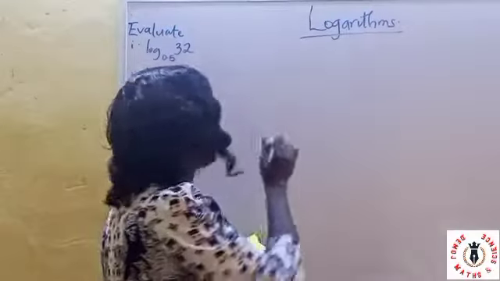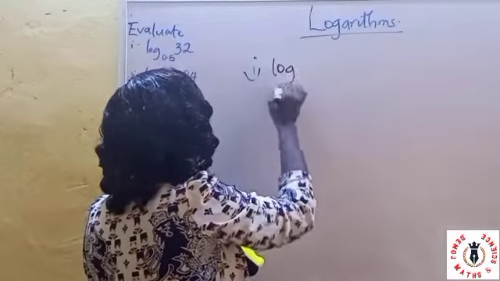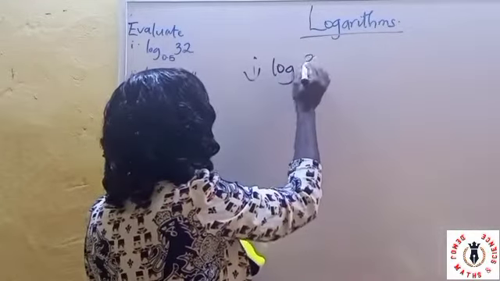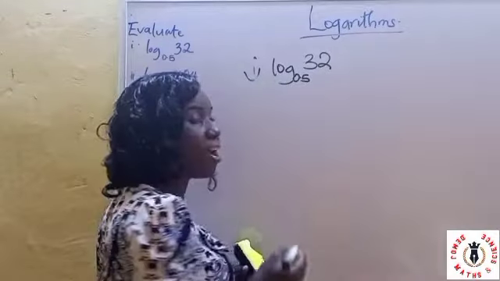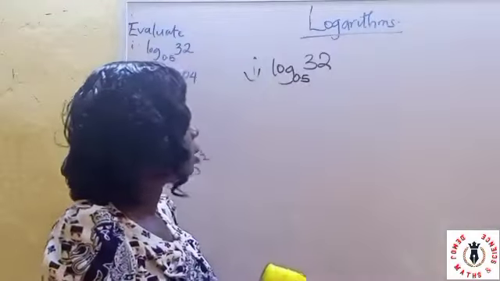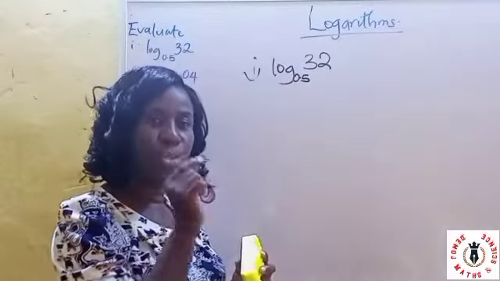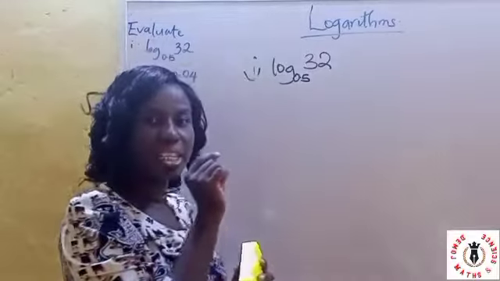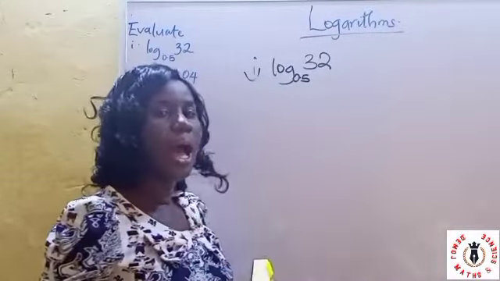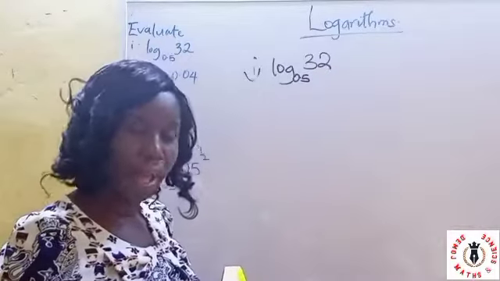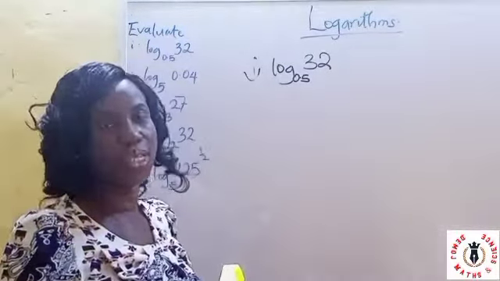The first one says evaluate log of 32 to the base of 0.5. The first thing to do is to equate it to an imaginary number. Most times we represent this number by one of the letters of the alphabet.